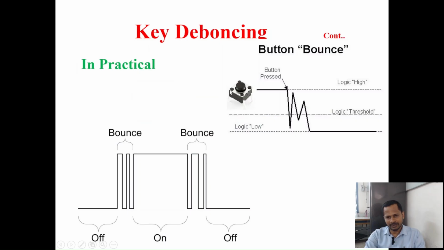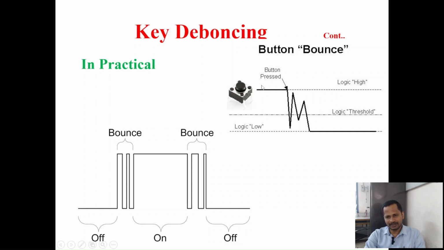For example, if you take this push button, any material in physics has its own elastic property. Plastic may have higher elastic property than other materials. Internally, this push button switch has metal to make the connections.